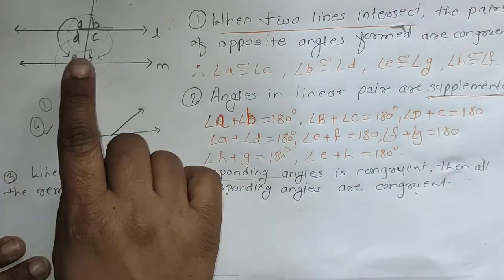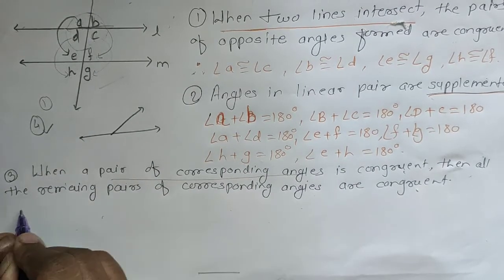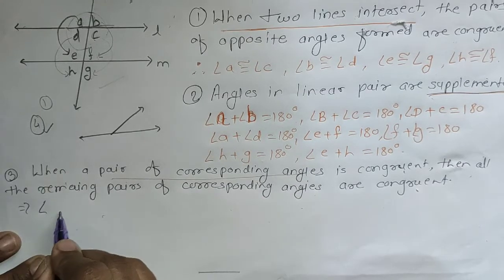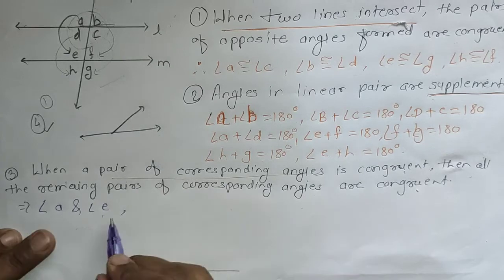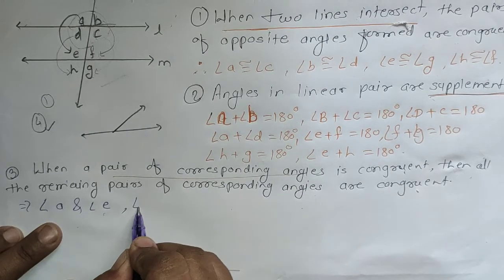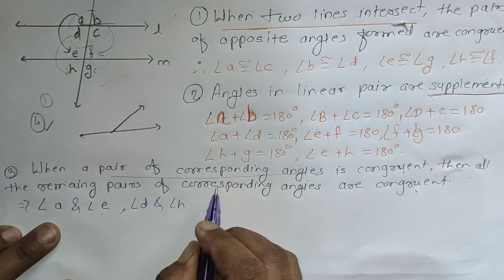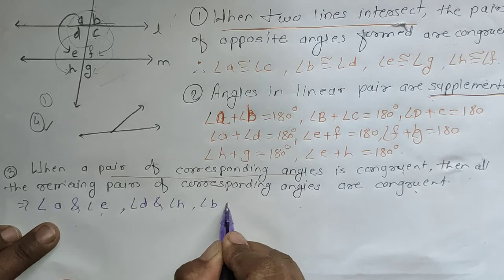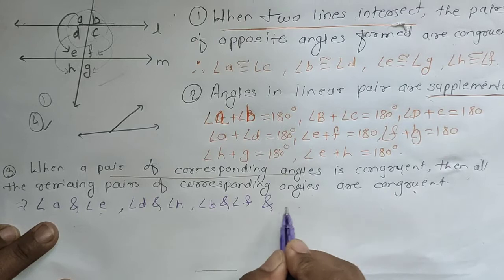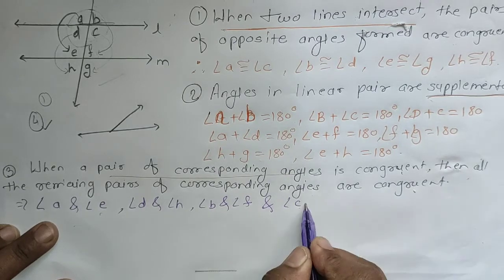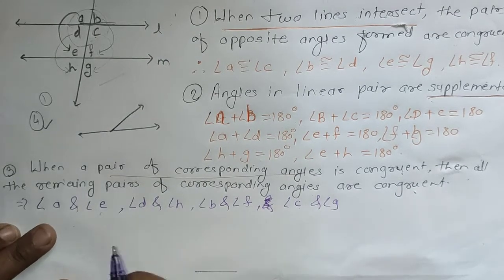are congruent. So out of this, we will write here the corresponding angle pairs: angle A and angle E. Here these are corresponding angles A and E. Then angle D and H, then angle B and F, and angle C and angle G. Okay, here it is not there, you will get confused otherwise.